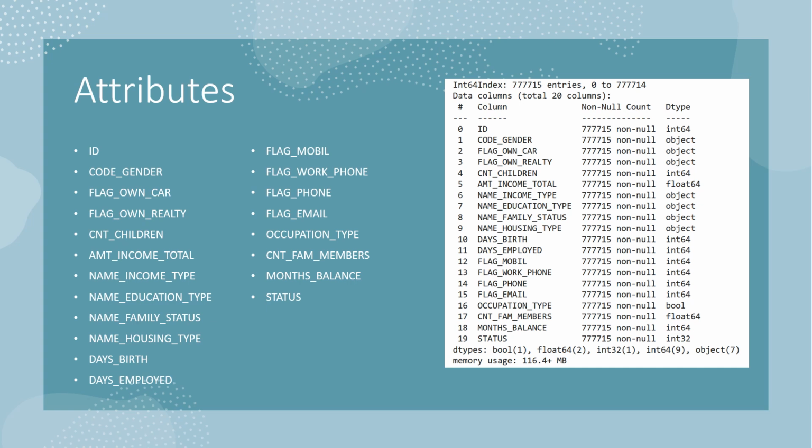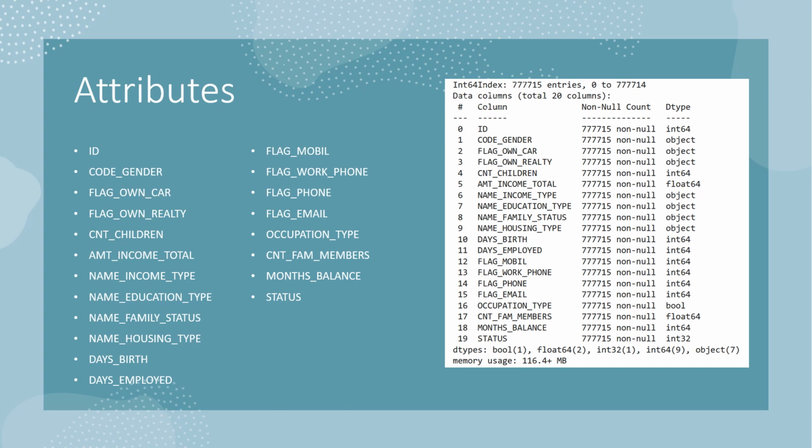We have ID, which refers to the applicant ID, and code gender, which says whether the applicant is male or female. Flag own car means whether the applicant owns a car or not, and reality is whether he has a property or not.